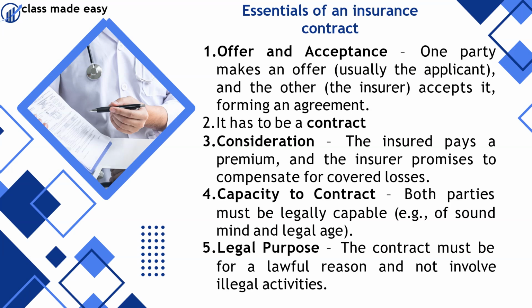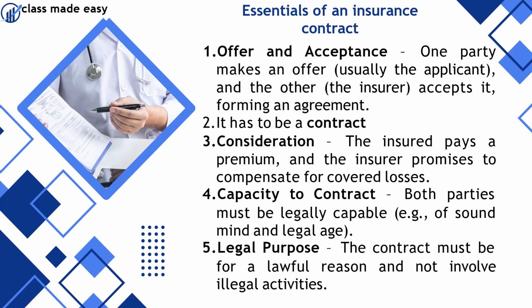One party usually makes the offer, and that party is usually the applicant, and the other party, the insurer, accepts it, and by doing so, it becomes an insurance contract. We usually also say that an offer is a promise to do something, and the one who accepts will now get into a binding insurance engagement. This is essential number 1.